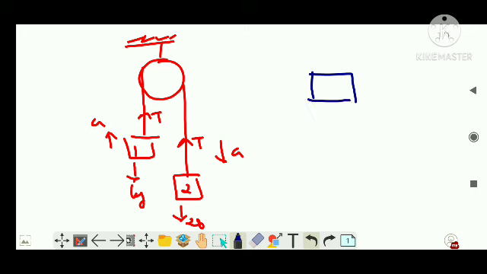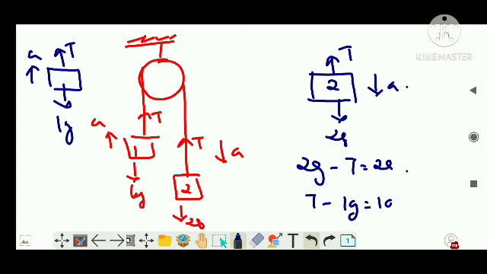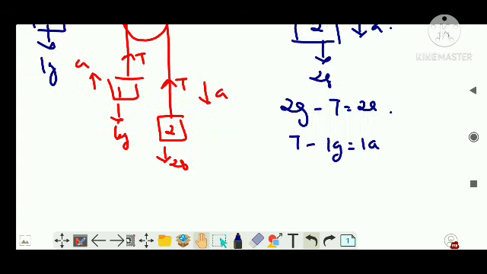So proper way: this is tension, acceleration downwards, this is 2g. So you will write 2g minus T is equal to 2a. In the case of 1 kg, accelerated upwards, you will write T minus 1g is equal to 1a, right? Then you can solve these two equations.